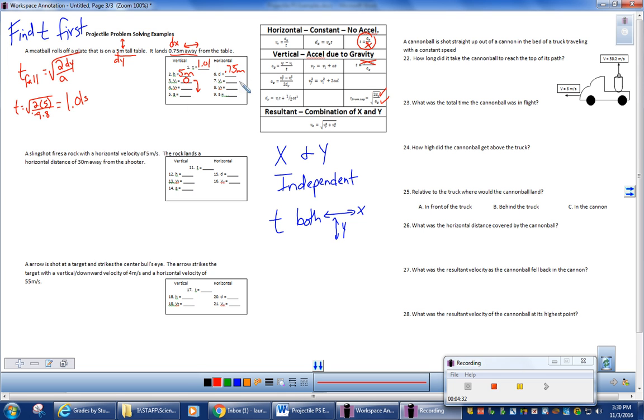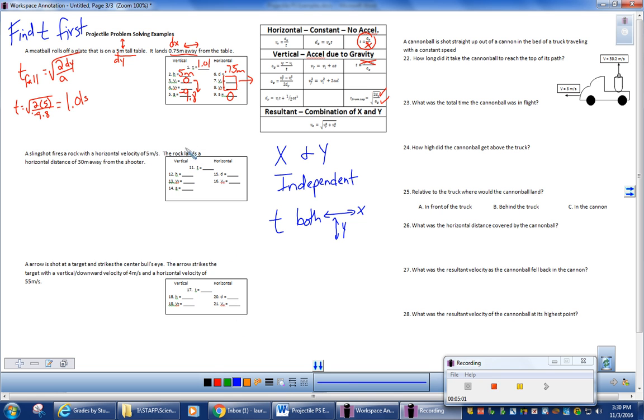That does not mean that my initial velocity horizontally is 0. I can still be launched, but at the top of my vertical path, my velocity is 0. And I know that I have gravity accelerating me down. Horizontally, I don't have any acceleration, meaning that my initial and my final velocity should be the same number.